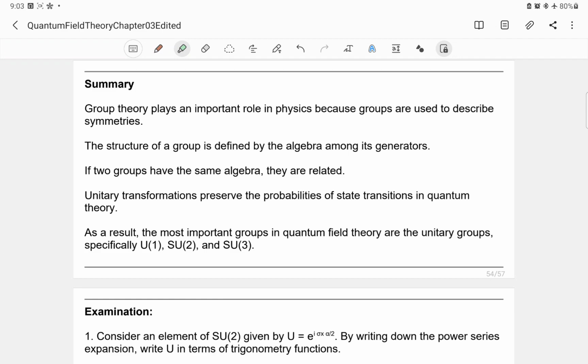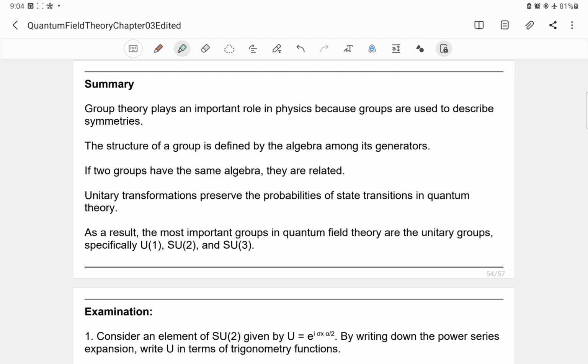The structure of the group is defined by the algebra among its generators. If two groups have the same algebra, they are isomorphic or they're related. Unitary transformations preserve the probabilities of state transition in quantum theory, and as a result, the most important groups in quantum field theory are the unitary groups U1, SU2, and SU3.